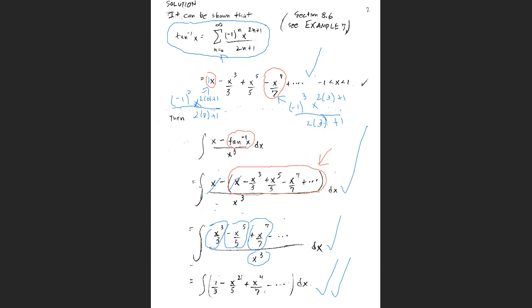So we're here now. And now we want to get the antiderivative, but we really need to find a formula for this series. Okay, we need to find a formula. So let me show you how we do that. Let's go to the next page.